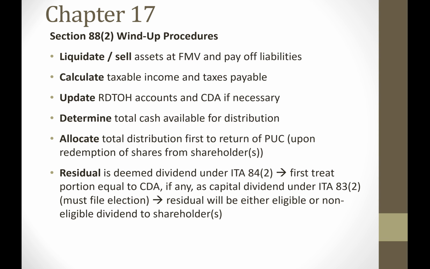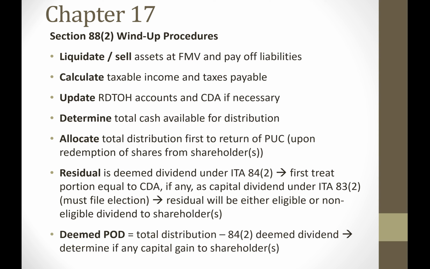Because remember, a capital dividend basically won't be taxed in the hands of the shareholder. And then the remainder will have to be designated as an eligible or non-eligible dividend, depending on the corporation's balance in their GRIP and LRIP account. And then finally, there could also be a capital gain to the shareholders as well. So that's sort of the steps that are necessary with a Section 88.2 wind-up.